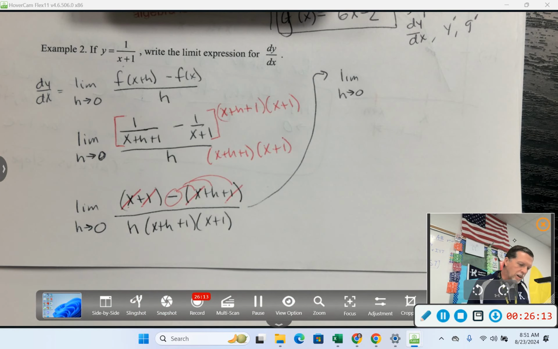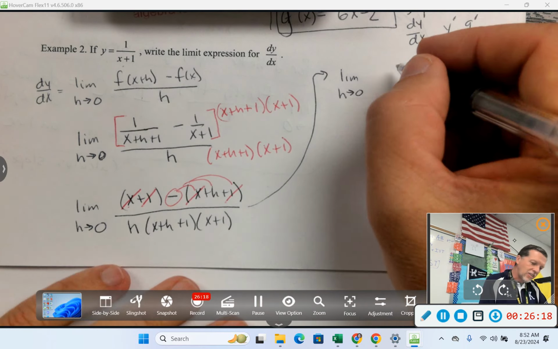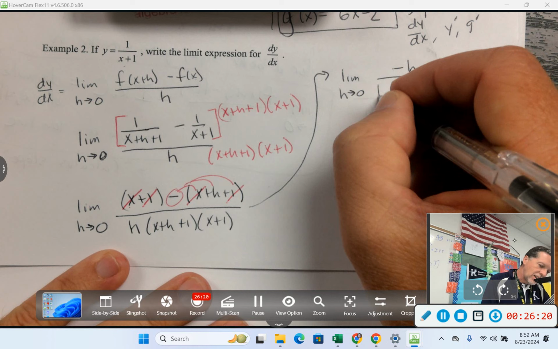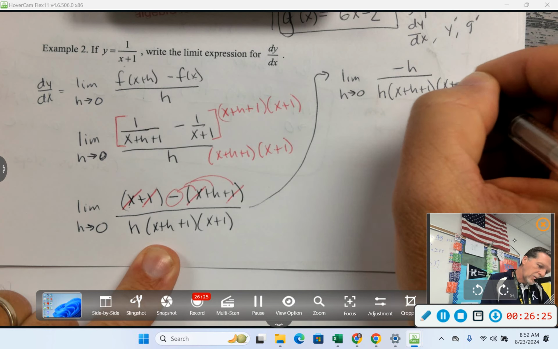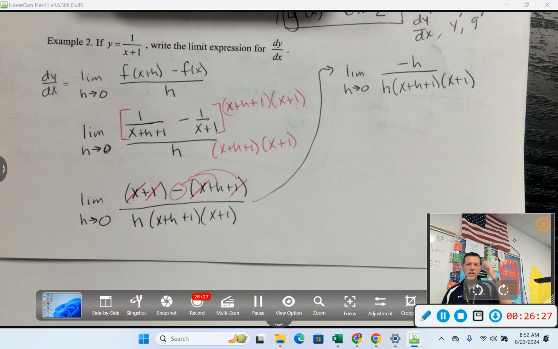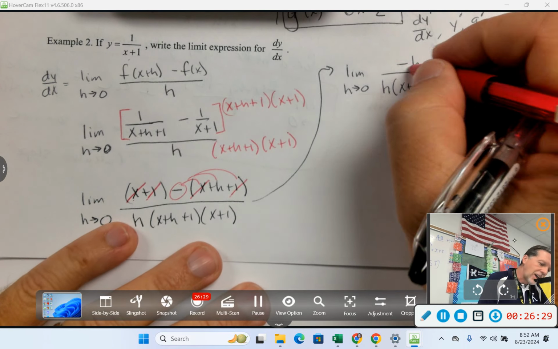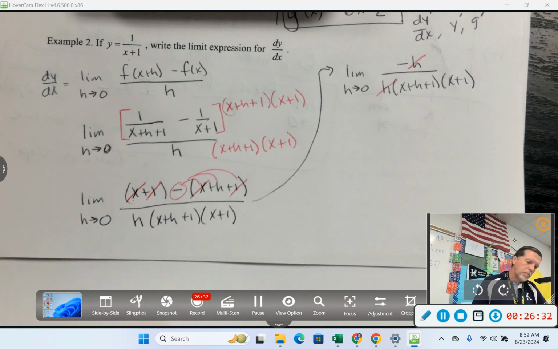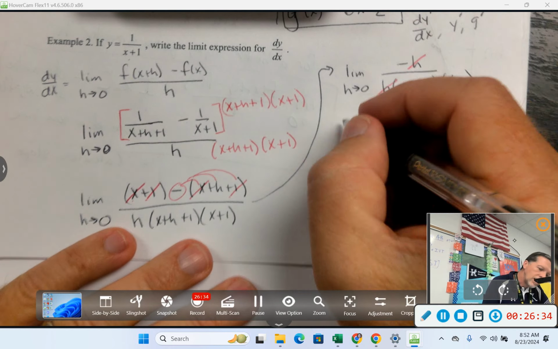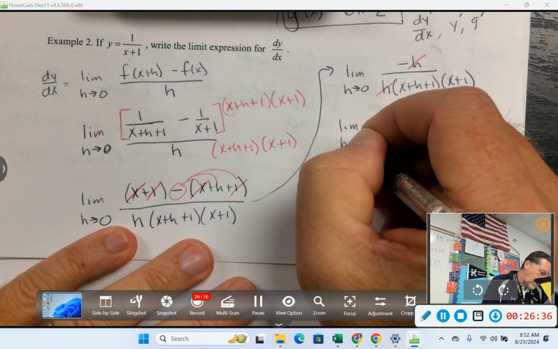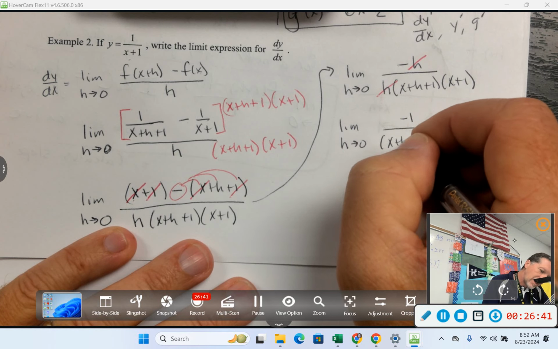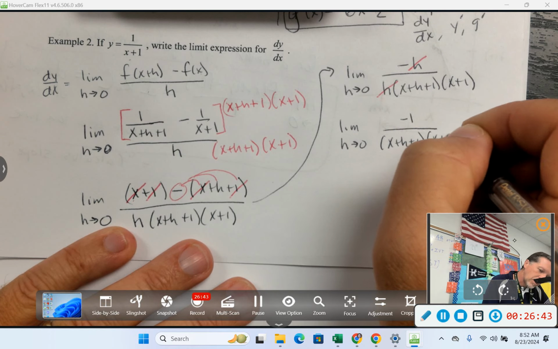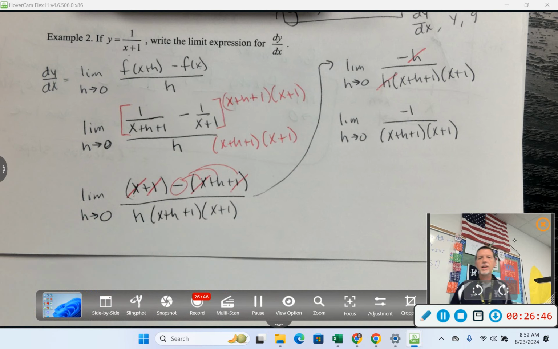So what is left in the numerator at this point? Negative h. And in the bottom, there's h, x plus h plus 1, x plus 1. Oh, good. Now I can cancel the h's. So limit as h approaches 0, negative 1 over x plus h plus 1 and x plus 1.